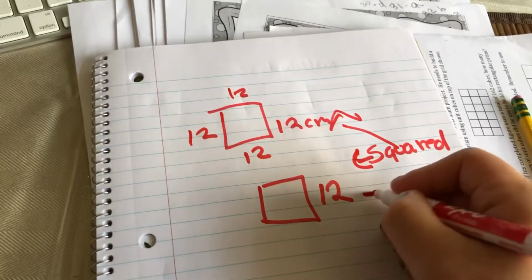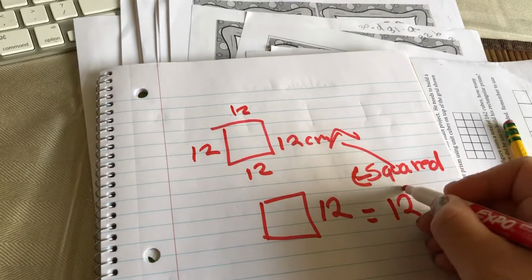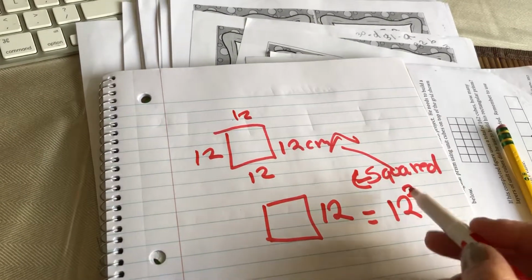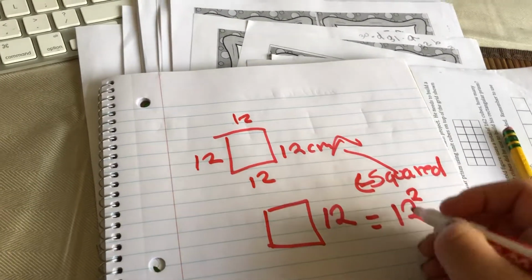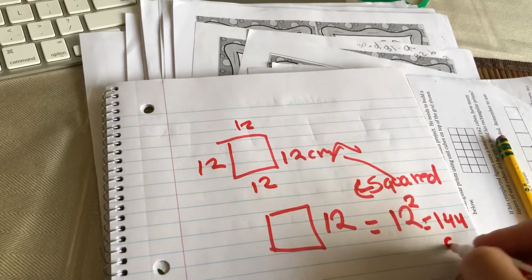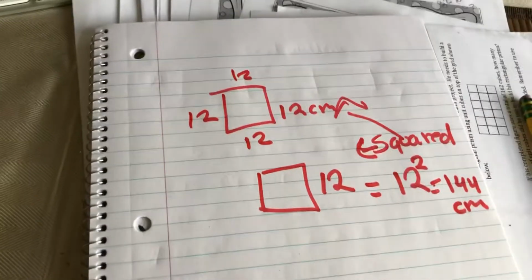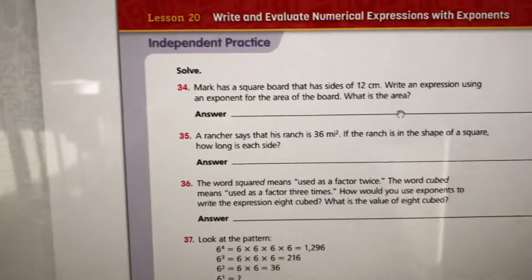So our expression is going to be using an exponent, 12 to the second power, or 12 squared, okay, which is equal to 144 centimeters.